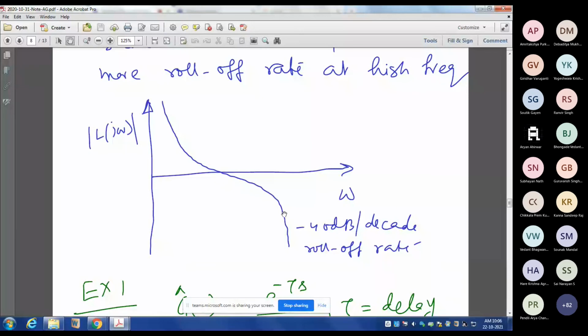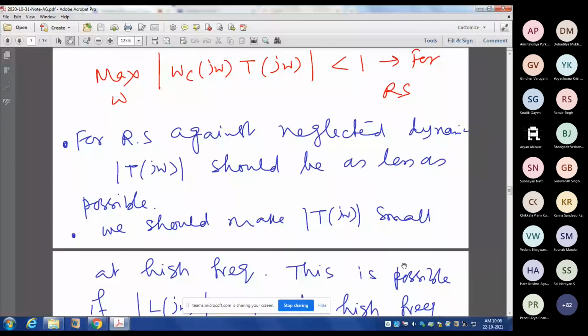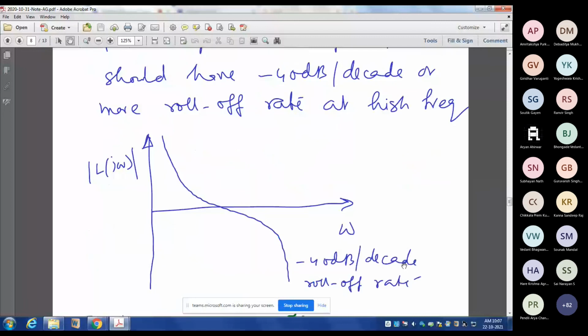As a result, PD and PID controllers may exhibit less robustness in presence of neglected dynamics. We will also discuss that they are very prone to noise, because the high frequency roll off rate, even with a filter, is minus 20 dB per decade.